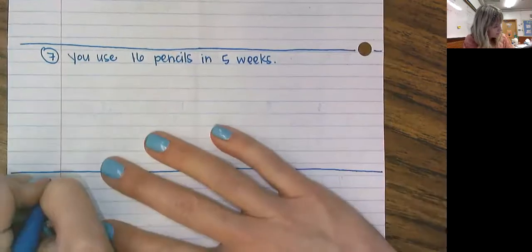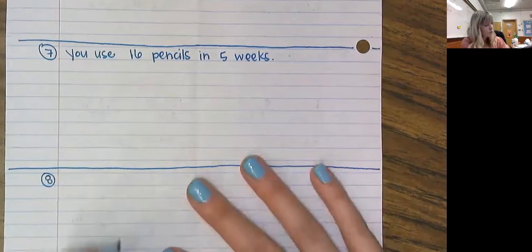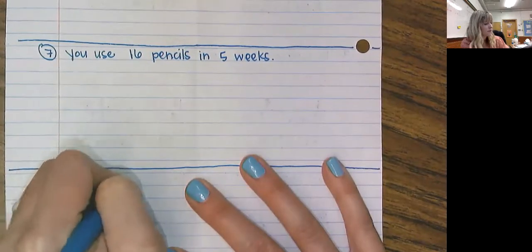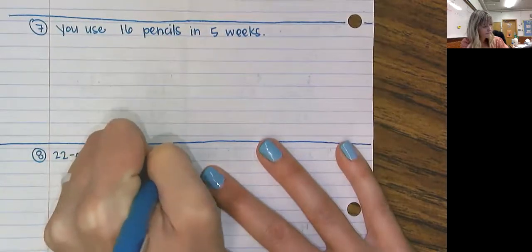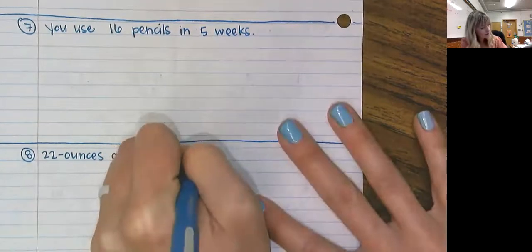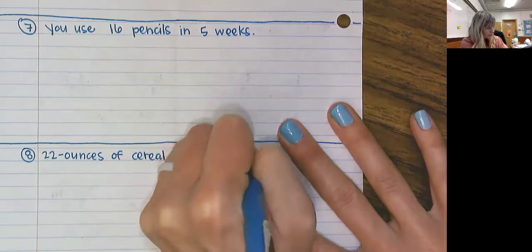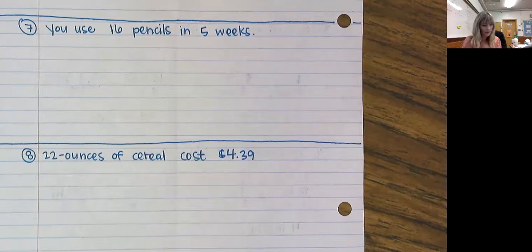Okay, and last statement to get written down here, number 8. 22 ounces of cereal, so it's a 22-ounce box of cereal. 22 ounces of cereal costs $4.39.